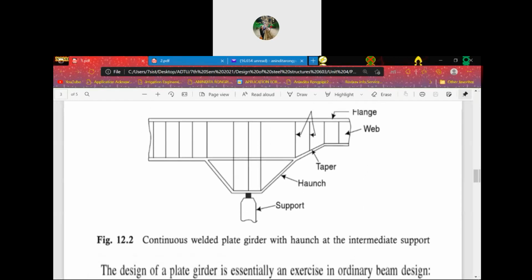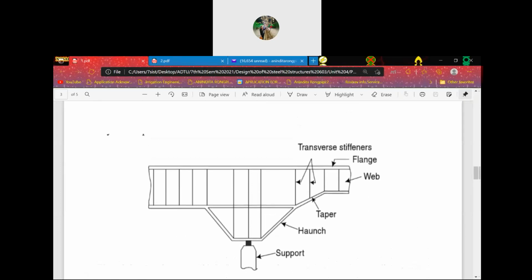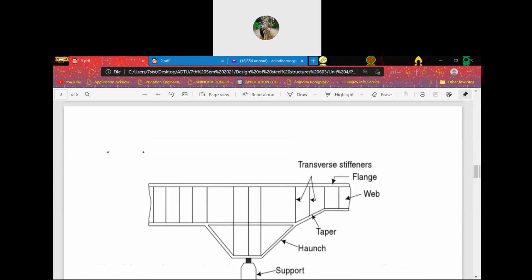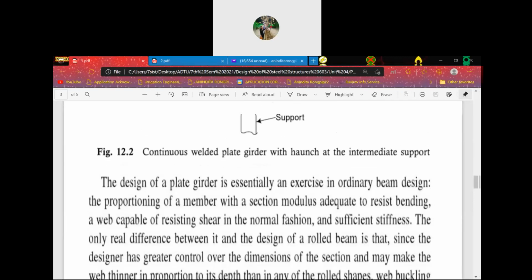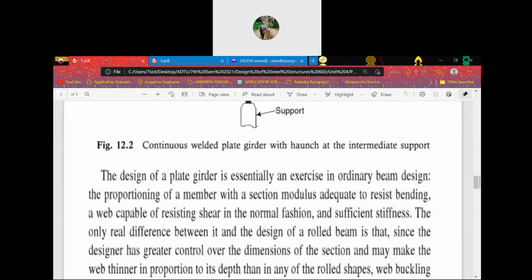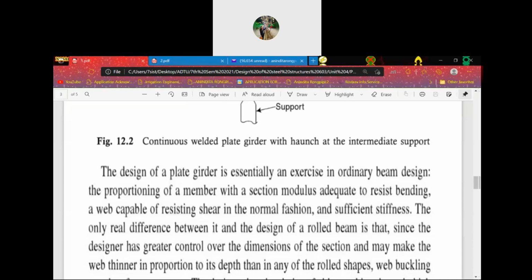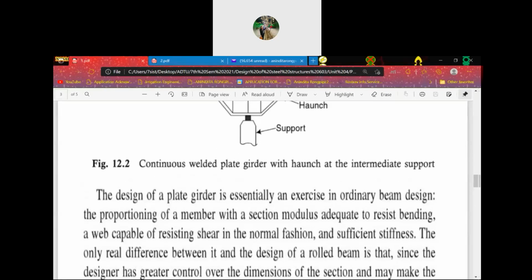Figure 12.2 is a continuous welded plate girder with haunch at the intermediate support, tapered web and flanges, and having transverse stiffeners. The design of a plate girder is essentially an exercise in ordinary beam design, that is, the proportioning of a member with a section modulus adequate to resist the bending, and a web that is capable of resisting shear in the normal fashion with sufficient stiffness.